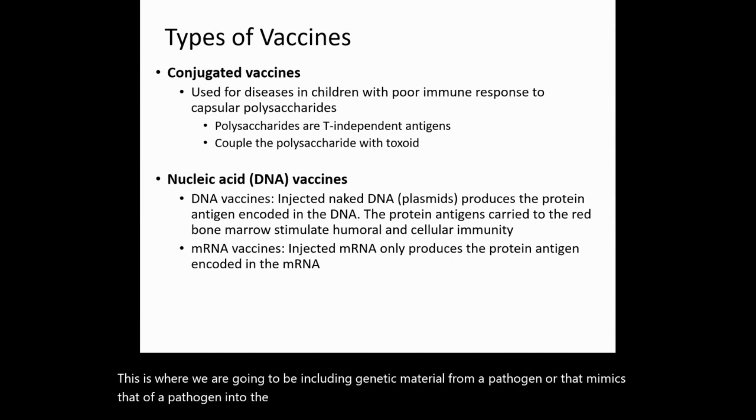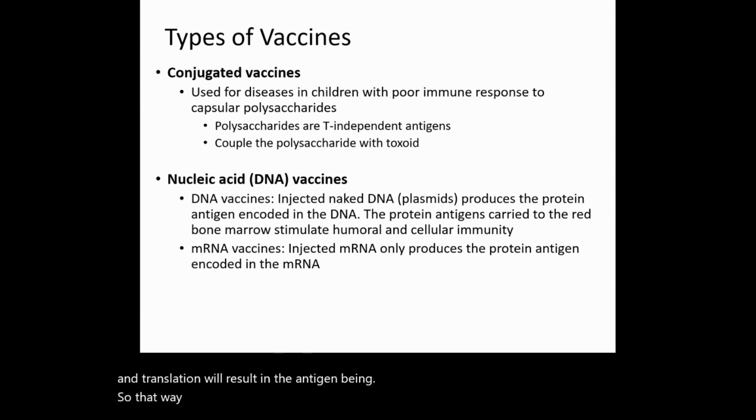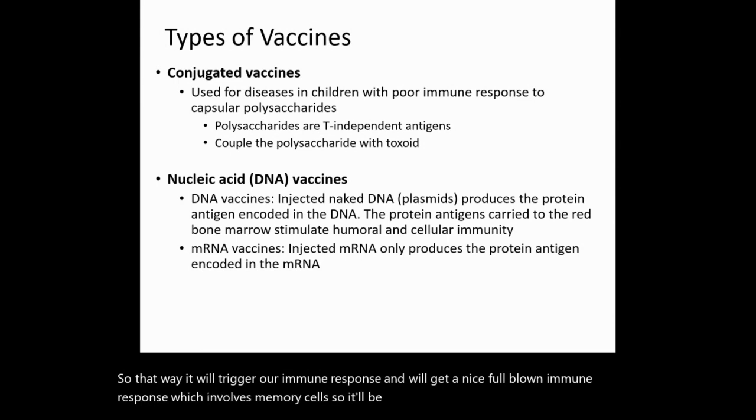That way, once it's inserted into the host, transcription and translation will result in the antigen being expressed. So it'll trigger our immune response, and we'll get a nice full-blown immune response, which involves memory cells. So it'll be a nice, more comprehensive, long-term immunity.